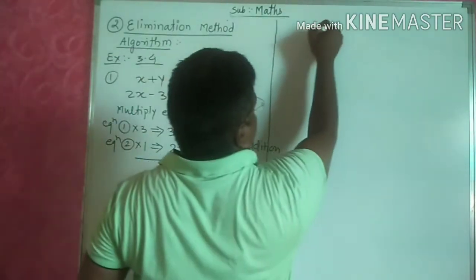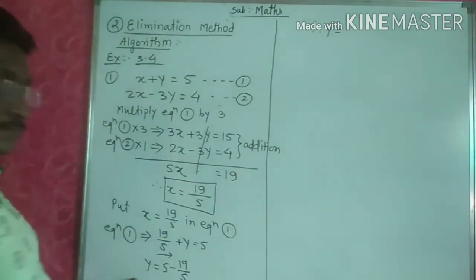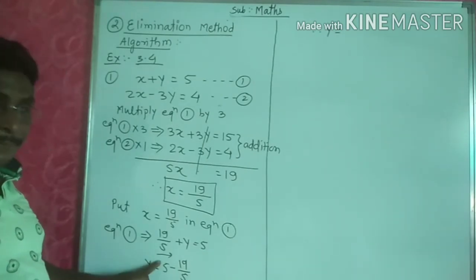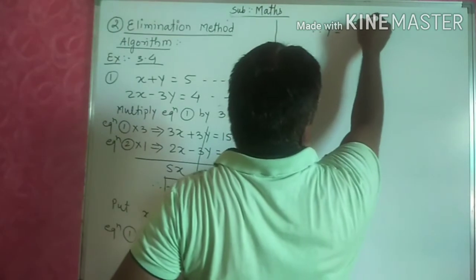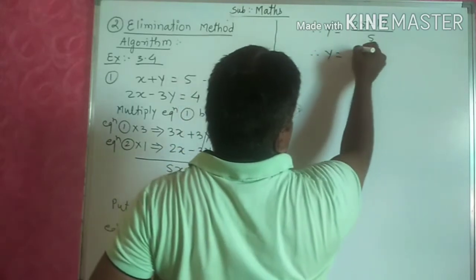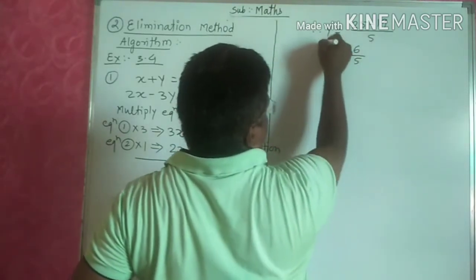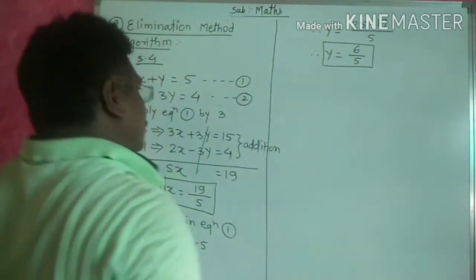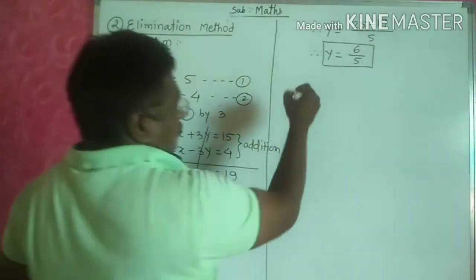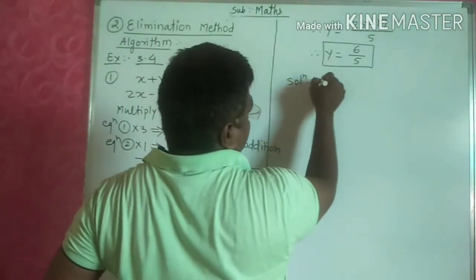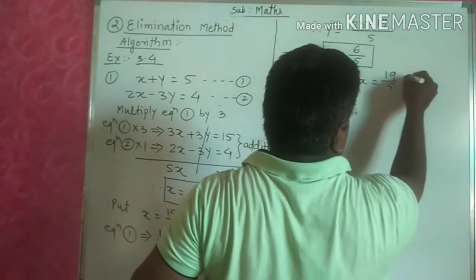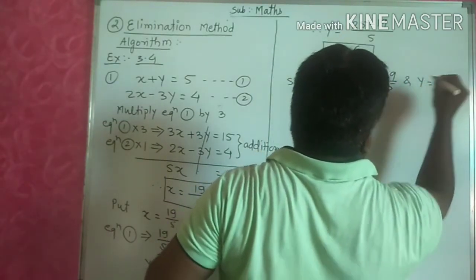The denominators are not the same, so cross multiplying, y equals 25 minus 19 by 5, so y equals 6 by 5. So we got the values of x and y. The solution is x equals 19 by 5 and y equals 6 by 5.